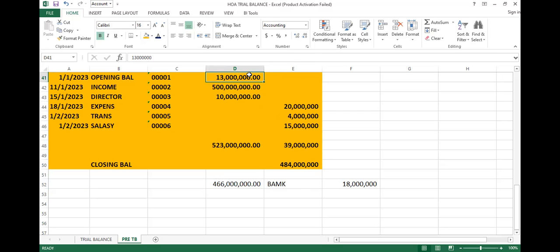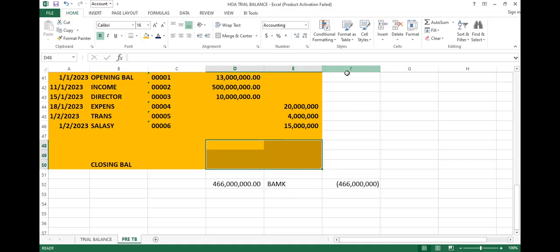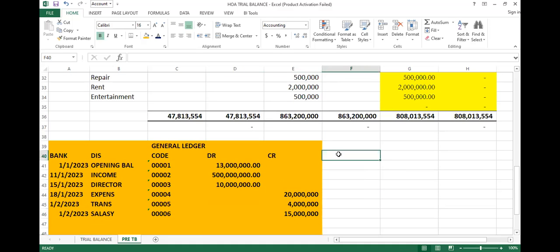Difference between debit and credit. Okay, let's look at it this way. We don't need to show something like this. That's not how your Sage will give you. Your Sage will always give you what we call balance. Have you noticed that?